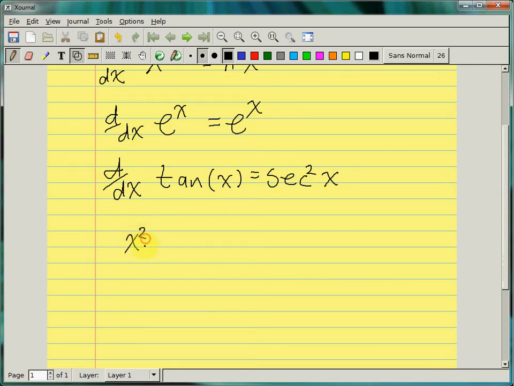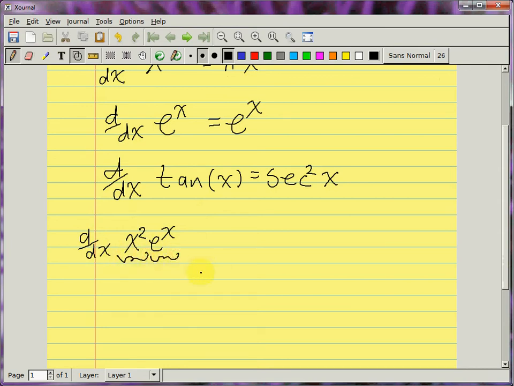If you have x squared times e to the x and you take its derivative, you can find the derivative of this combination by using the product rule. You just think of this as one part and this is another part. And then just knowing these basic fundamental rules together with the product rule, you can easily find this derivative without going back to the definition where you take the limit as h goes to 0 of that terrible expression. You don't want to have to do that every time.